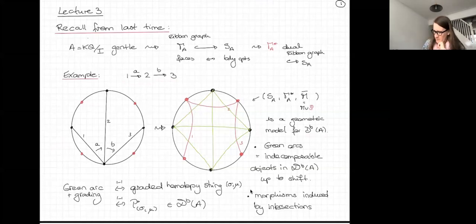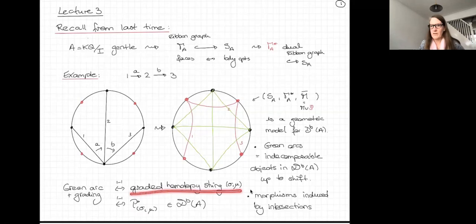And if you remember, the indecomposable objects in the derived category are given by graded homotopy strings. So a homotopy string was a sequence of arrows and formal inverses, and then we put a grading on there. And associated to a homotopy string or graded homotopy string, we define a complex.